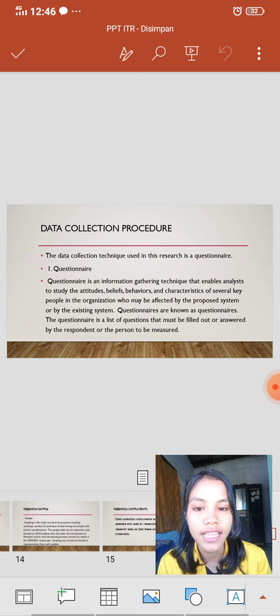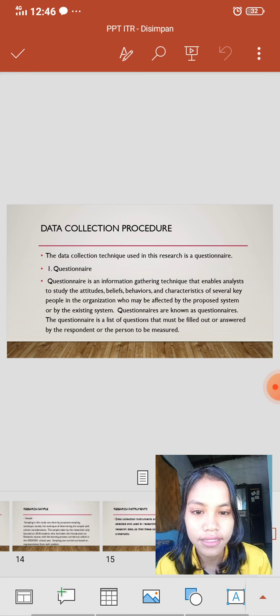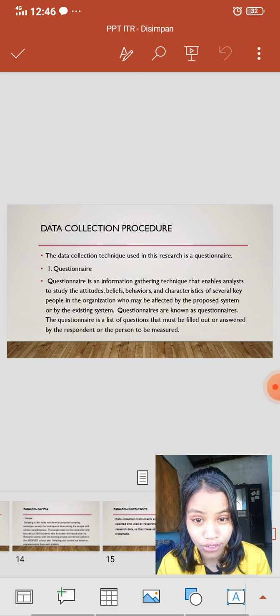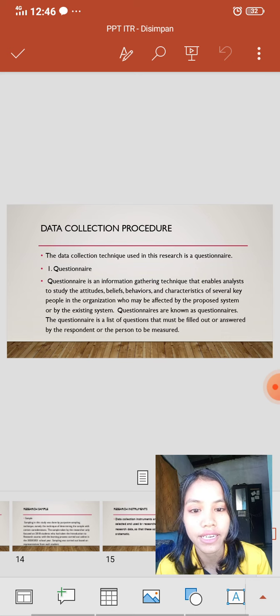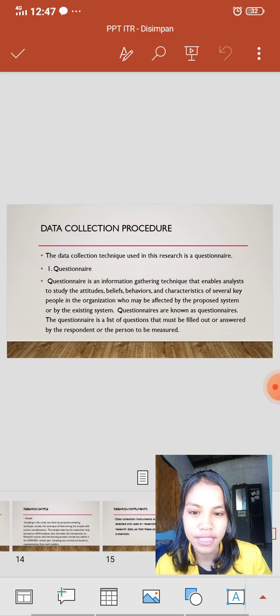A questionnaire is an information gathering technique that enables analysts to study the attitudes, beliefs, behavior, and characteristics of several key people in the organization who may be affected by the proposed system or by the existing system.